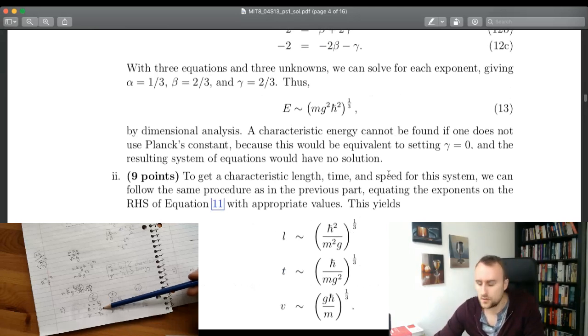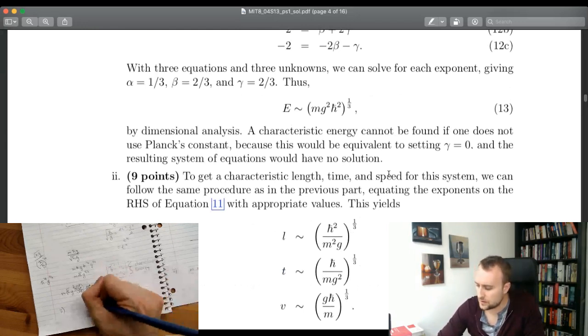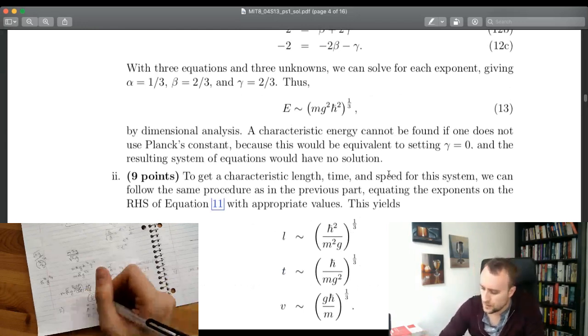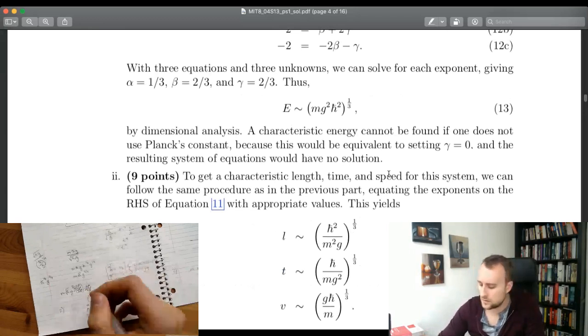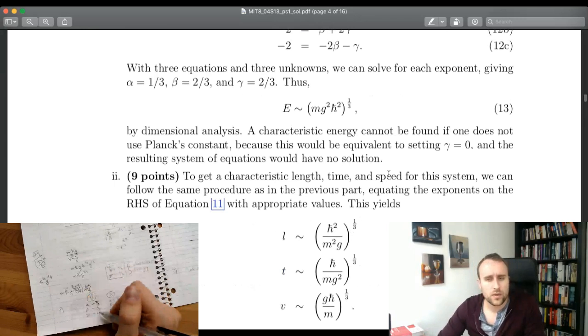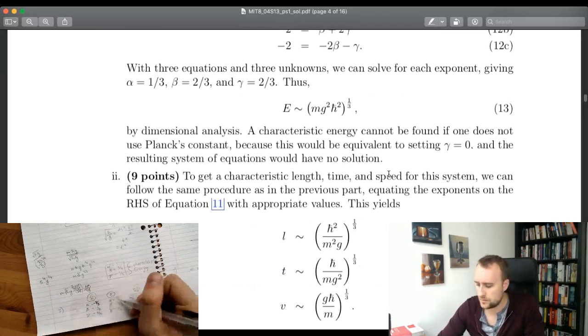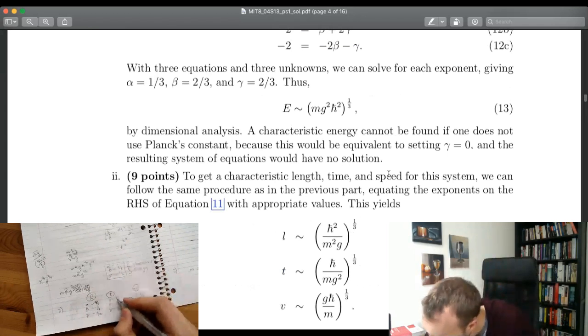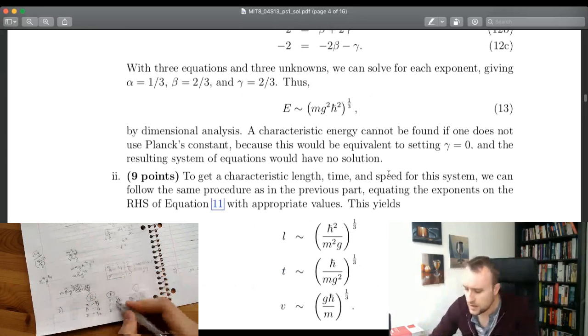This is right, but there should be a negative here. So let me just put the mark here. Should be a negative here. So I got that wrong. 1/3 and then 2/3. So that's right. Time, we've got should be negative 1/3.